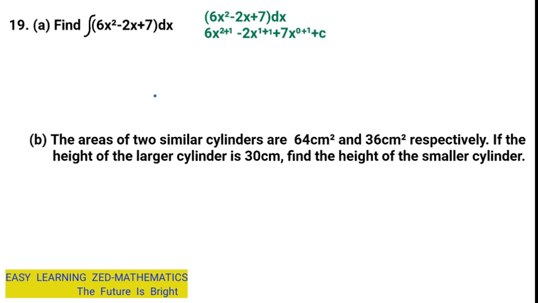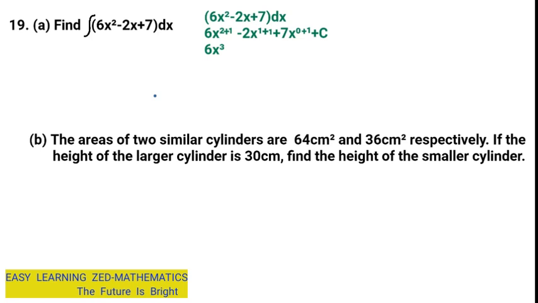Once I've done that, I'm going to add the powers first. For 6x, we have x raised to the power of 2 plus 1, which means we're adding the powers on top: 2 plus 1 will give us 3. So we're going to have 6x raised to the power of 3, then minus 2x with 1 plus 1 on top of the power, which gives us 2.